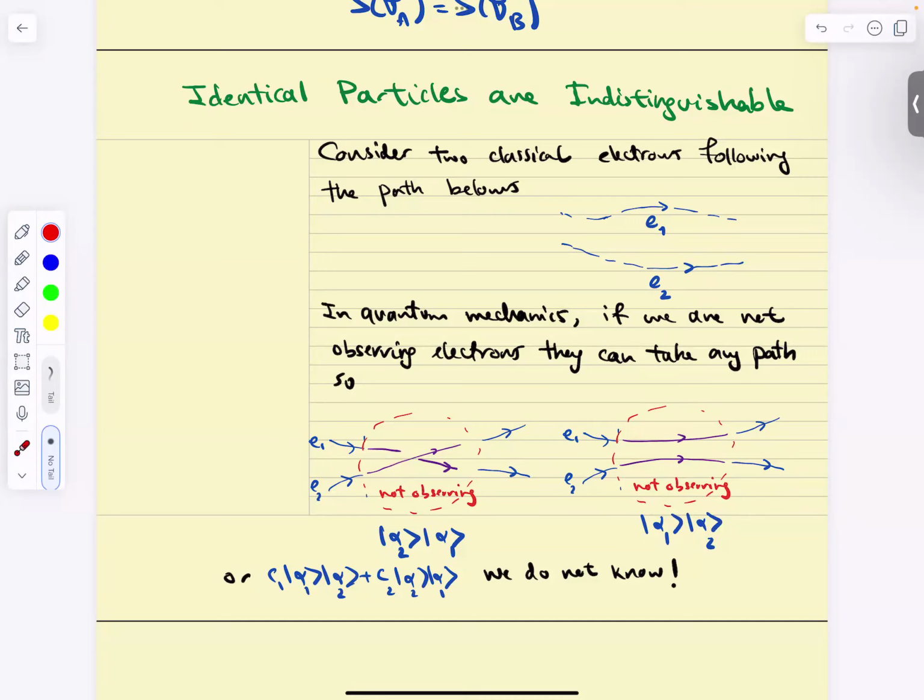But it's worse than that. There is no reality to what happened. It's not like they went straight or they swapped. It's a meaningless statement to ask what happened if you are not observing it. So there's no way of distinguishing alpha 1, alpha 2 from alpha 2, alpha 1. As a matter of fact, there's no way of distinguishing any superposition of them.